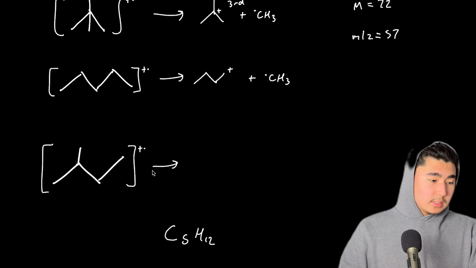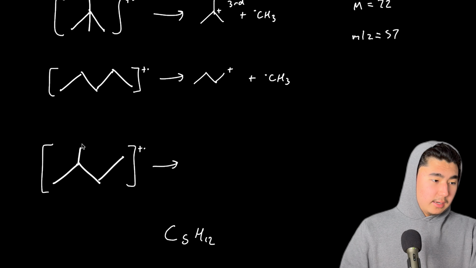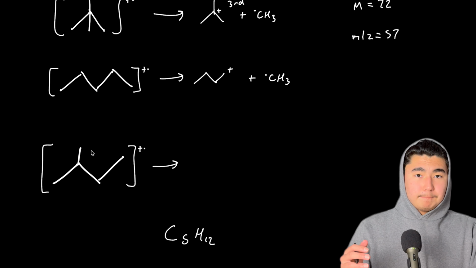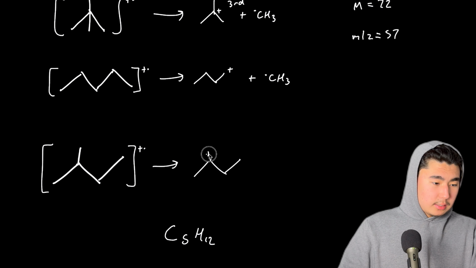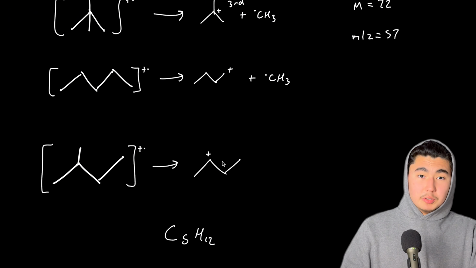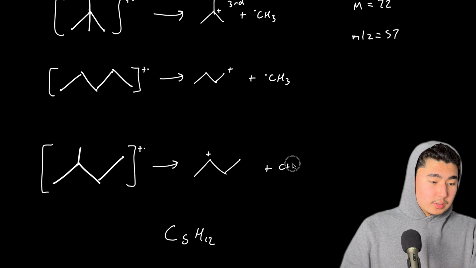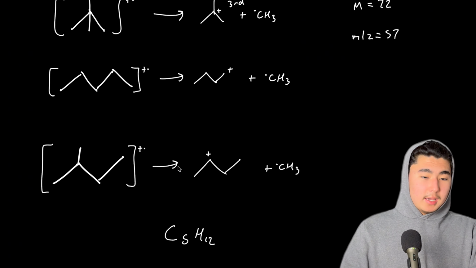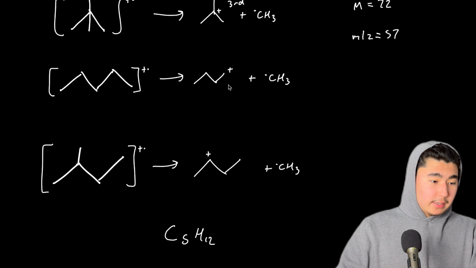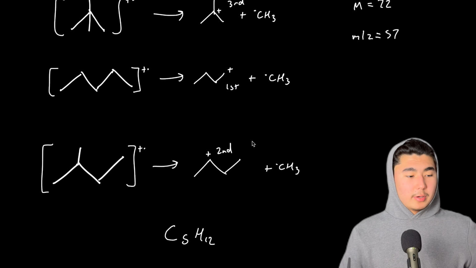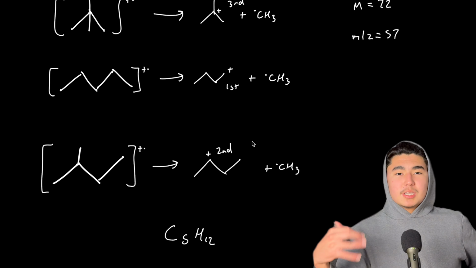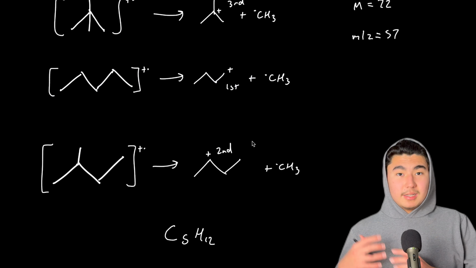Easiest one we can lose is on that secondary carbon right there. So we would lose that methyl. Methyl is going to have that radical, and as you can see, we have a tertiary, we have a primary, and we have a secondary carbocation. I'm just putting first, second, third just to indicate primary, secondary, and tertiary.